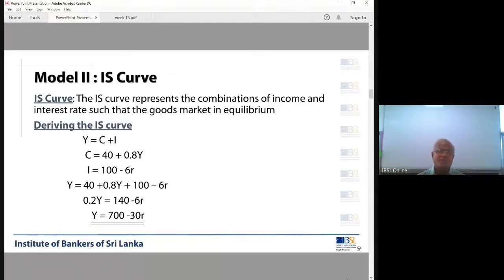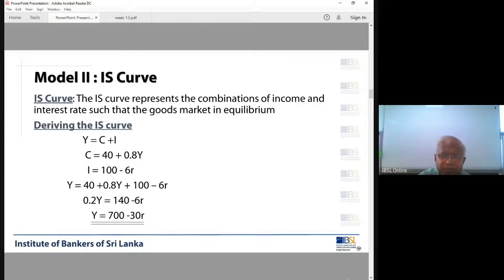Now what will happen? We substitute these 2 equations. Y equals 40 plus 0.8Y plus 100 minus 6R. Then you take this 0.8Y to the left-hand side of the equation. Then you can write Y minus 0.8Y, which is 0.2Y. On the other side, you have 40 plus 100, which is 140, minus 6R.